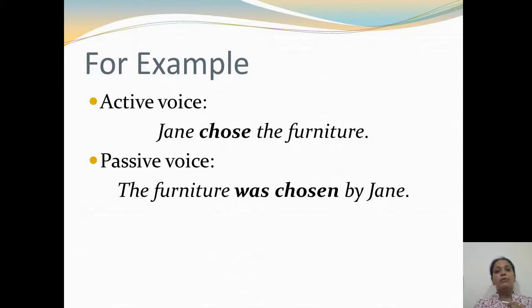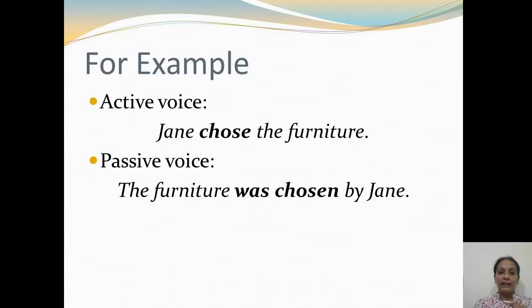But when we change this sentence into passive voice, the furniture, that is the receiver of the action, will become the subject of the sentence, and the verb will change according to the rules of the voice. Chose will be changed into was chosen, and at the end we'll be adding the doer of the action by using one preposition, by. So, the furniture was chosen by Jane.